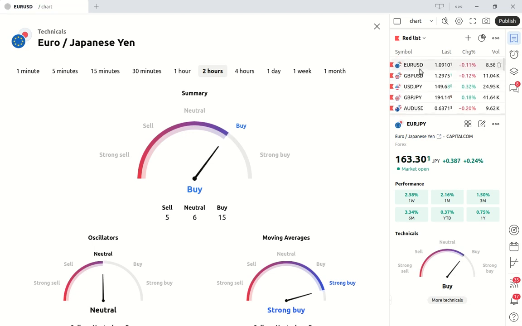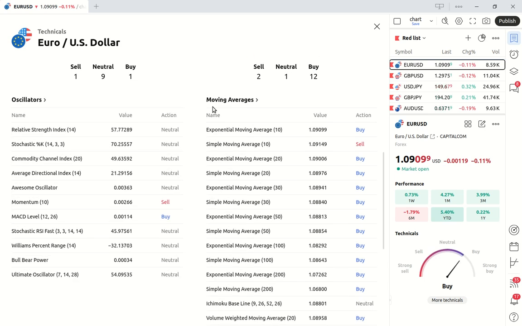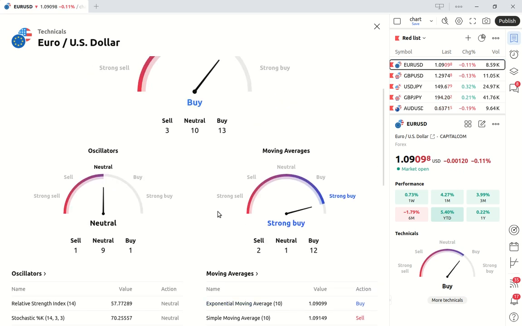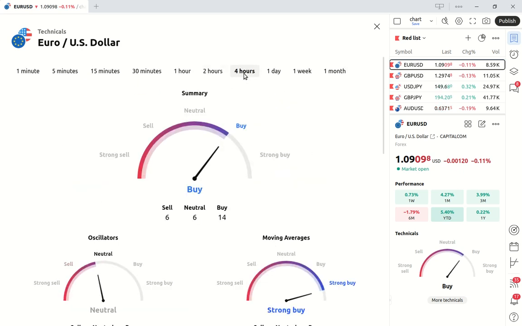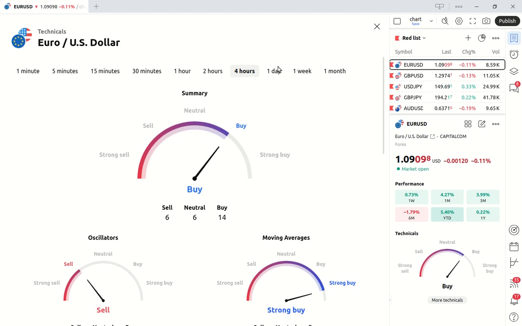But let's check with AUR USDT. Okay, it looks very similar. It looks very similar indeed. All right, let's go to the 4 hour. Do we have a MACD buy signal? Yes, we do.